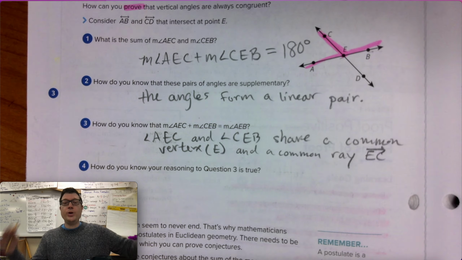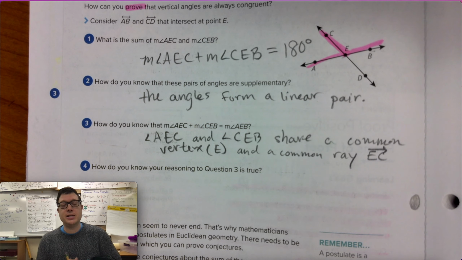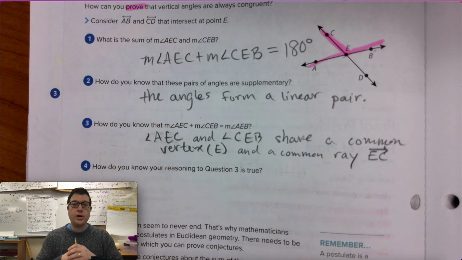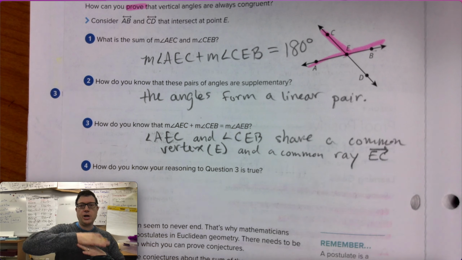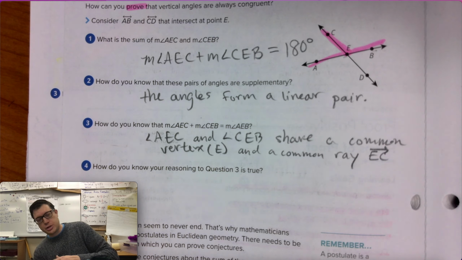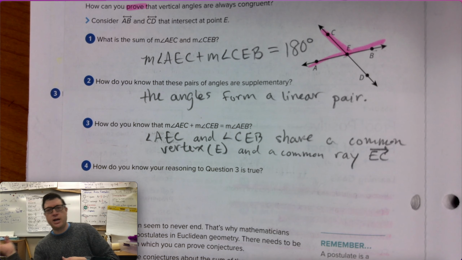And so for that reason, they have to be added together. And when you add them together, what you get is the measure of angle AEC plus the measure of angle CEB. They add together and make AEB.